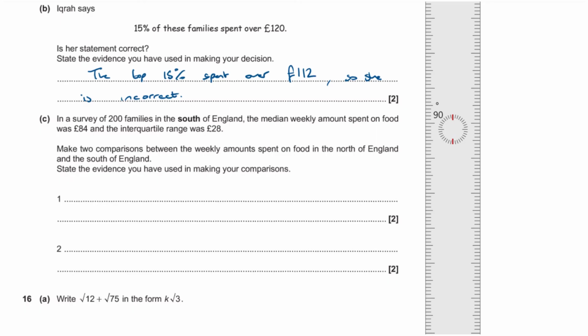So let's compare the averages first. The average in the north of England was 90 and in the south it was 84.